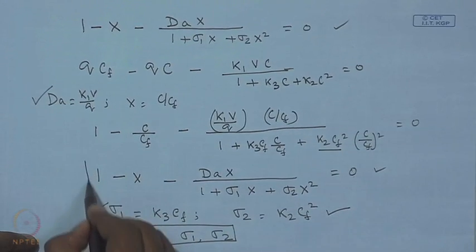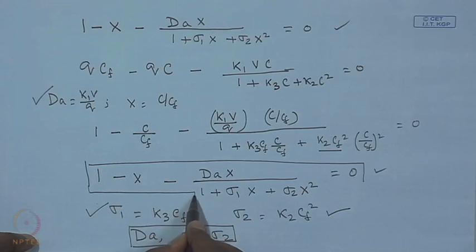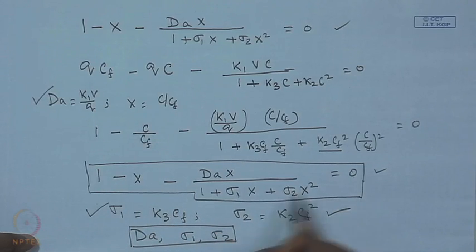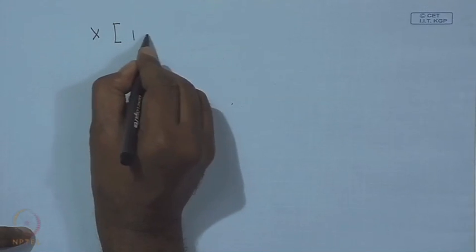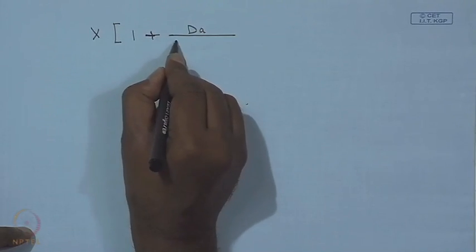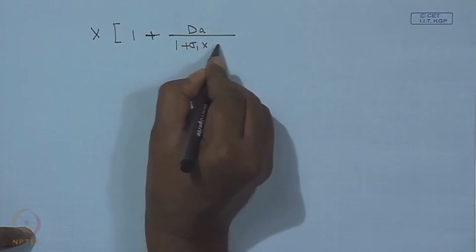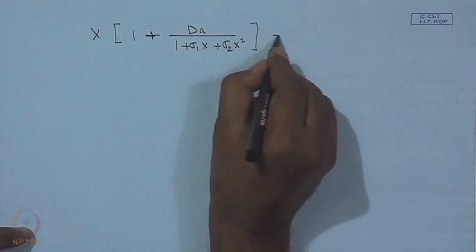So, this is our governing equation and we are going to cast this equation in the form of x is equal to f(x). Like the previous problem, we rearrange that equation and we get x times 1 plus Da over 1 plus sigma 1 x plus sigma 2 x square is equal to 1.